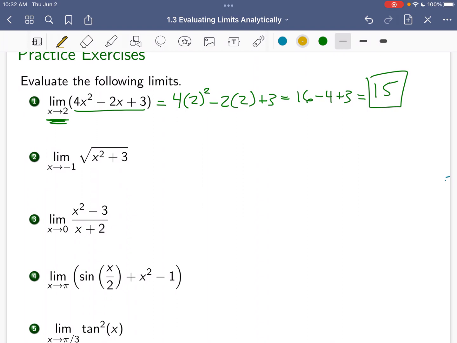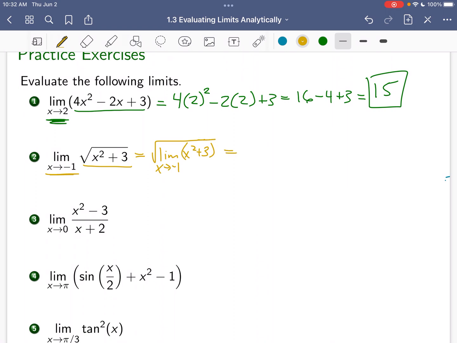Here on the next one, we have the limit as x approaches -1 of the square root of x squared plus 3. And so this is equal to, using our limit rules, the square root of the limit as x approaches -1 of x squared plus 3.